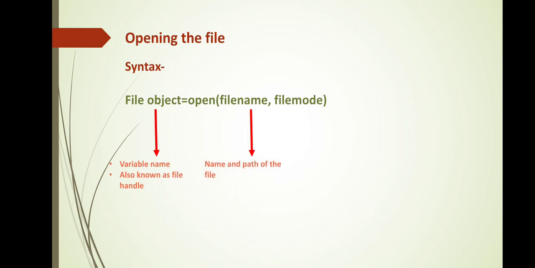The first argument of the open function is your file name. In the first argument, we normally specify the path of the file or the name of the file. When we simply write the name of the file, it will look for the file in the current working directory. But if the file is not located in the current directory, then we specify the complete path of the file. The second argument of this function is your file mode.